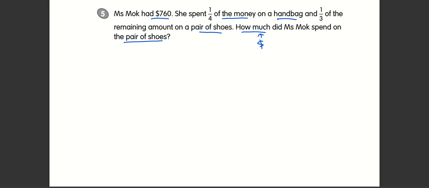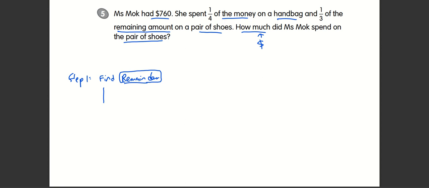So if I were to work through the steps just as how I've done in previous questions, I'll go step 1, find the remaining amount. In most fraction remainder type word problems, step 1 you find the remainder.